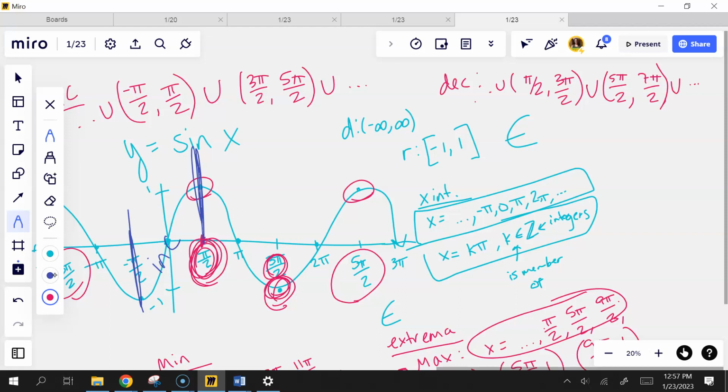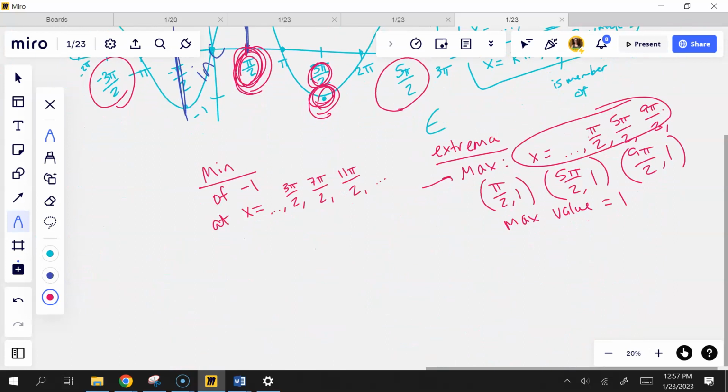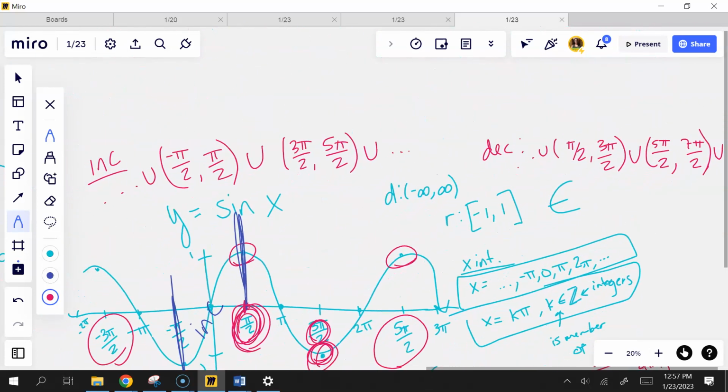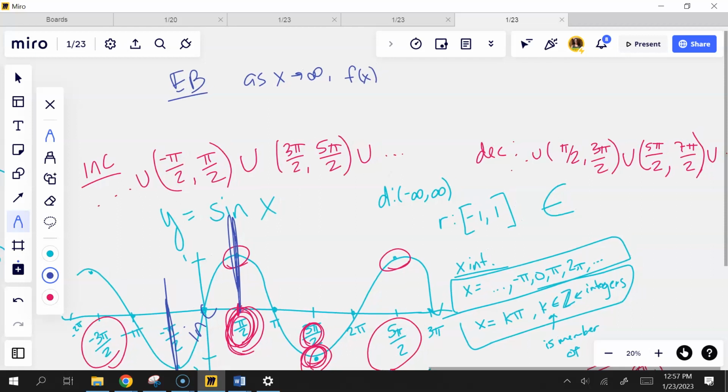What does the end behavior look like? All right, as x approaches infinity, f of x, is it 1 always? I don't know. This is something new.